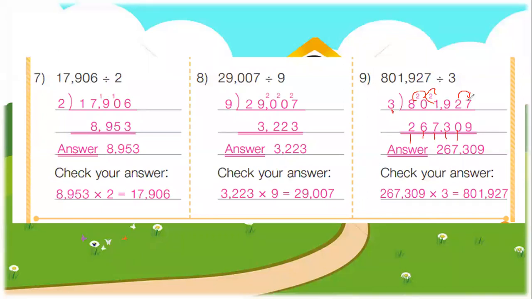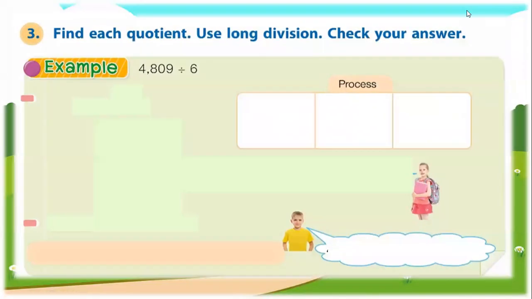So now at the 1 place we have a total of 27 ones. Now again 3 multiplied by 9 is equal to 27. So we have the quotient 267,309. And if we would like to check the answer, 267,309 multiplied by 3 is equal to 801,927. Okay, students, all of you practice that and try to solve by yourself.